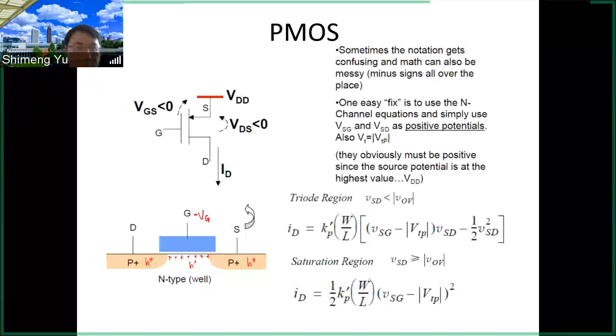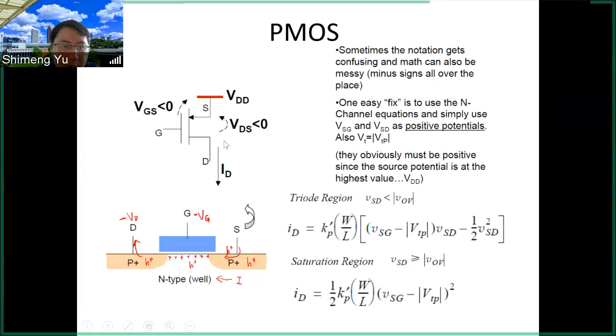And then if you apply a large voltage, let's say a negative voltage to the drain, that means positive voltage to the source. So then the holes will move from the source towards the drain, and you have the current flow similarly.